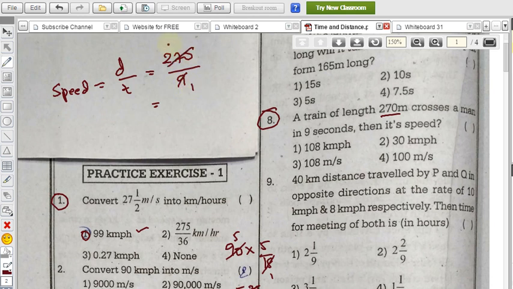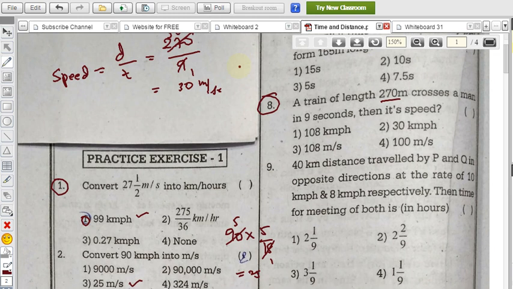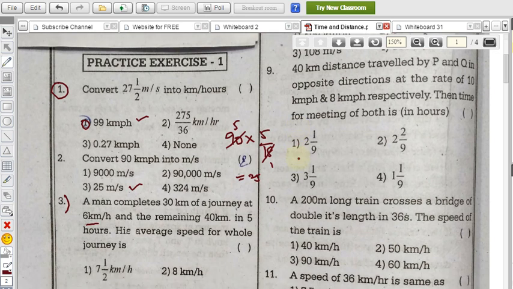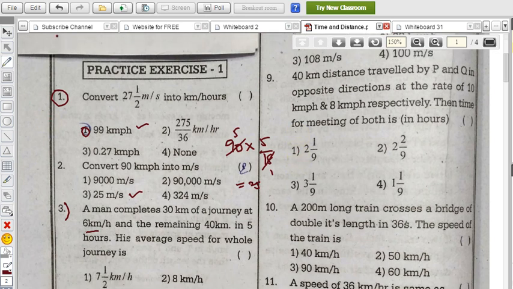Answer 30. So we are getting 30 meter per second. The options are not printed clearly, there is actually meter per second. Little mistake.